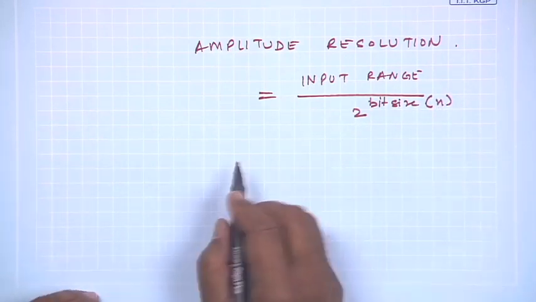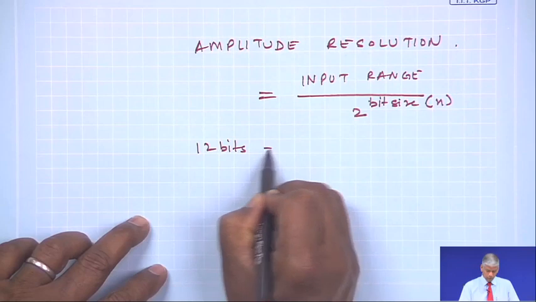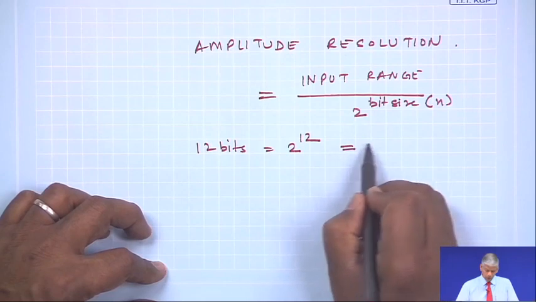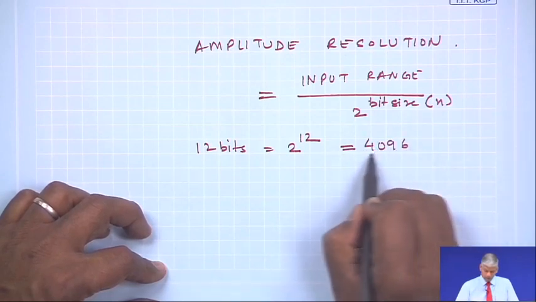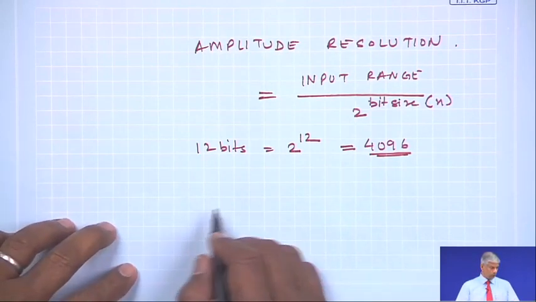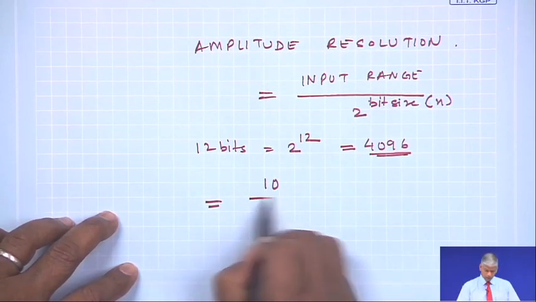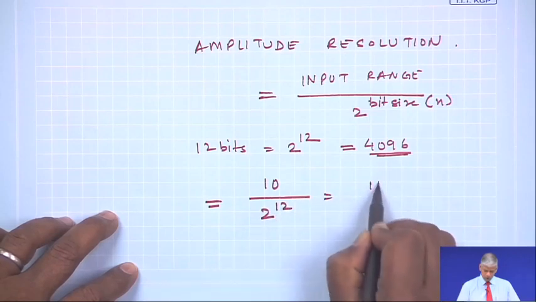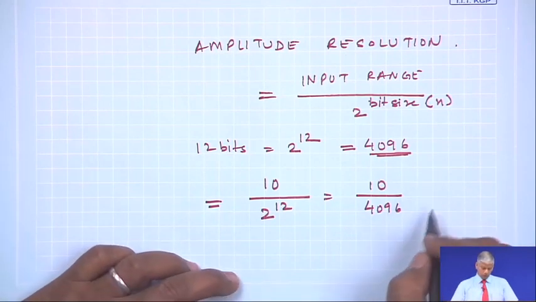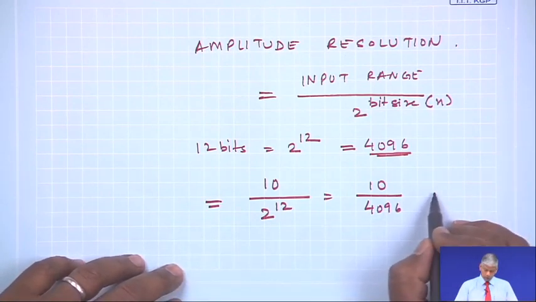This is a 12-bit data acquisition system, so the possible values are 2 to the power 12, which becomes 4096. The minimum value it can sense, the amplitude resolution, will be nothing but 10 volt divided by 2 to the power 12, that is 10 by 4096.